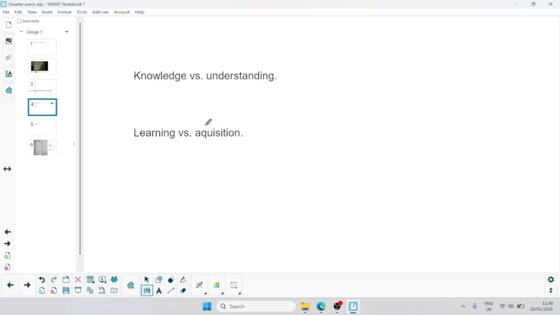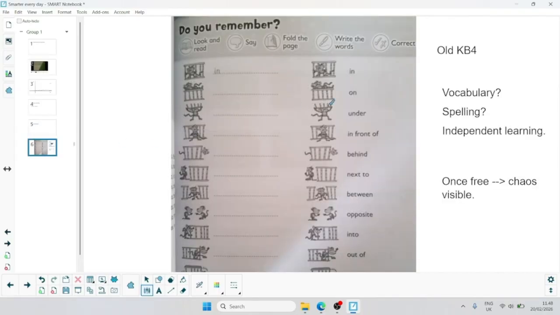And when it comes to language learning, one of the researchers, Krashen, calls it learning versus acquisition. He says that learning is never acquisition. We can learn, like here, these words, and we can maybe reproduce them: we learn it, then we cover this page, and then we write it, and that's fine.